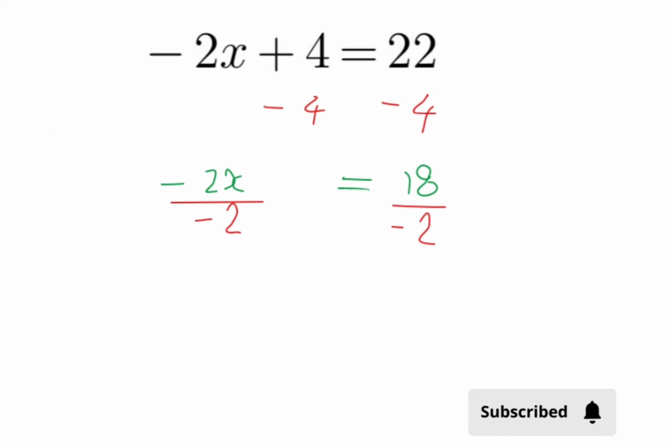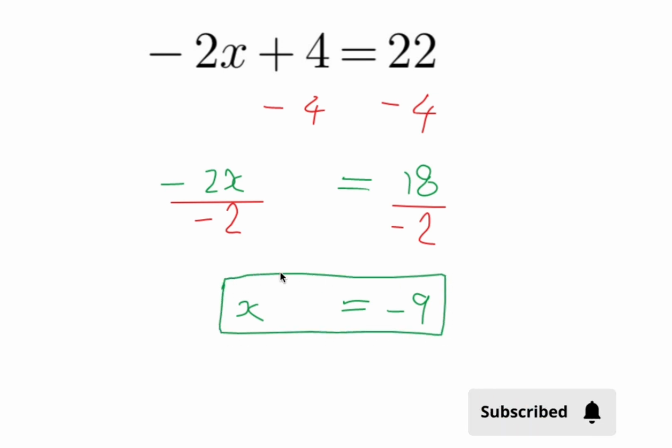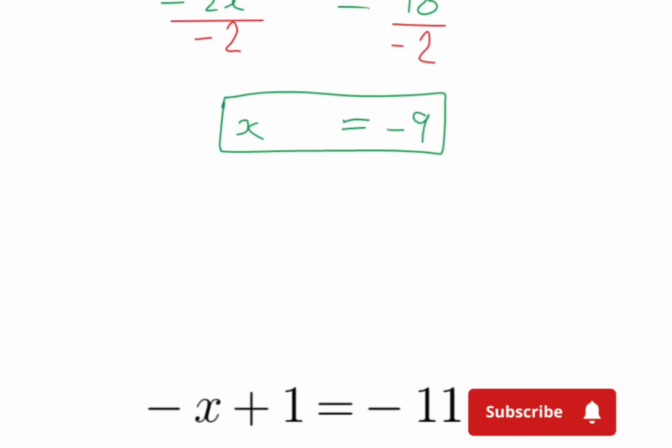So what is the x value? The answer is negative. So the answer is minus 9, negative 9. Okay, you can check whether your answer is correct or not.